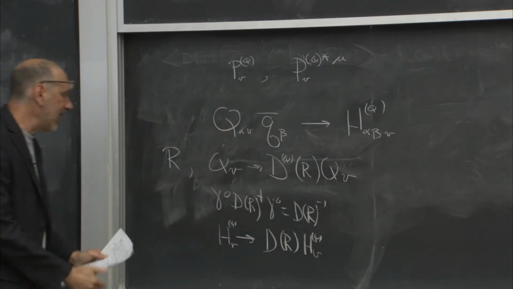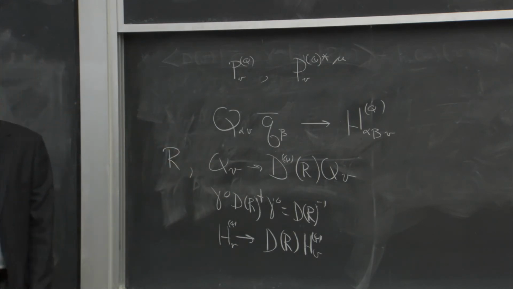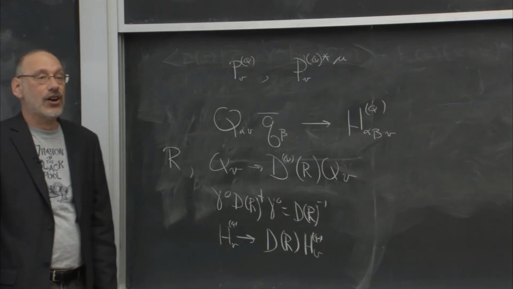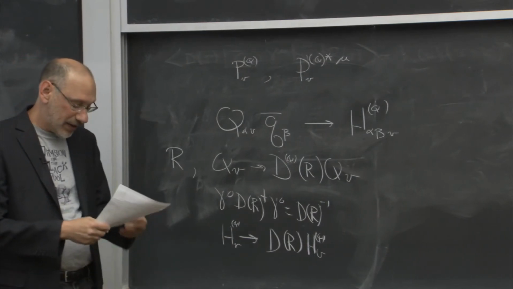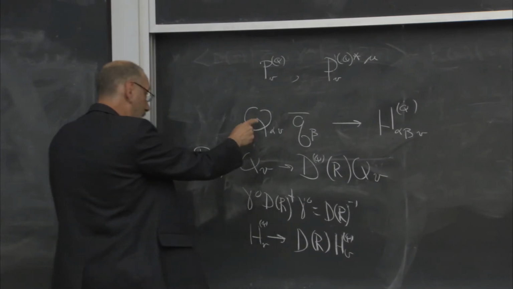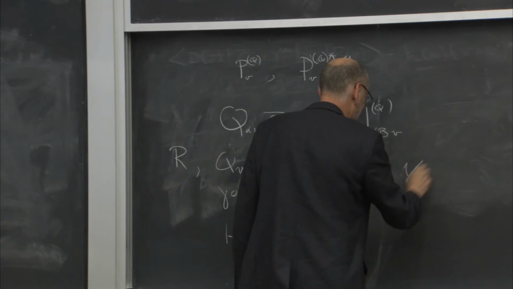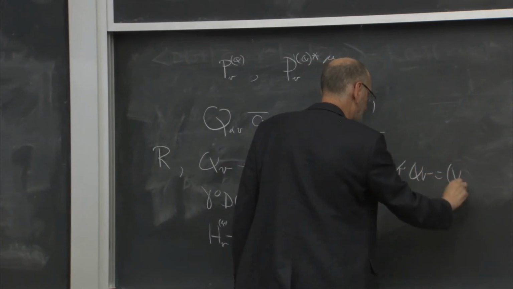So with this understanding, it's really easy to understand how H transforms under all the relevant symmetries of the strong interactions. We also have the further constraint that this is a heavy quark, so it satisfies v slash Q_v equals Q_v.